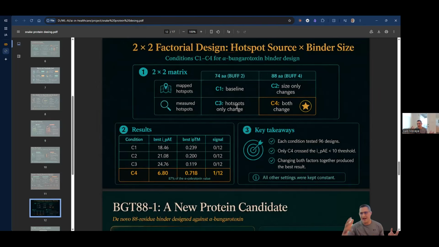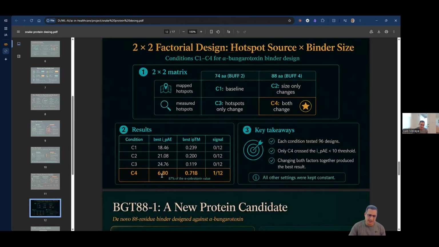And when I combined increasing the size and using the same hotspot I saw in the crystal, there was one protein that passed all the filters.